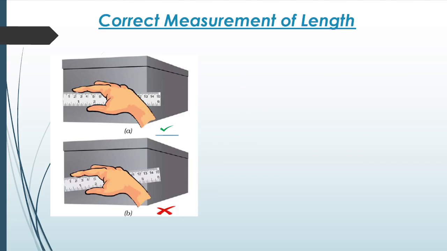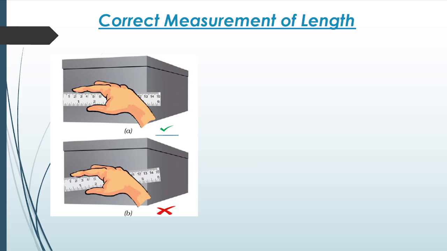When we talk about measurement of length, usually we use devices such as a ruler to measure length of a box, other such objects which are of a regular size.